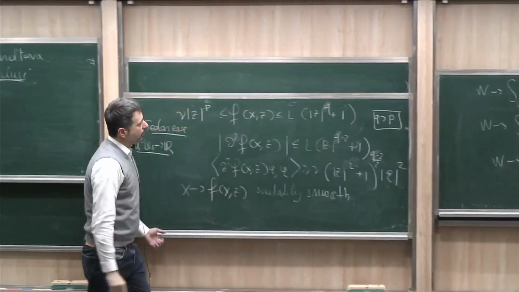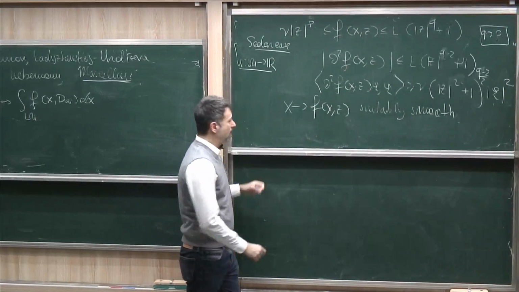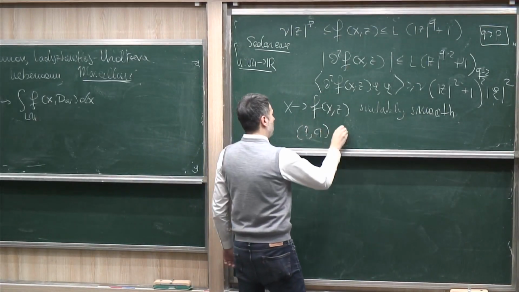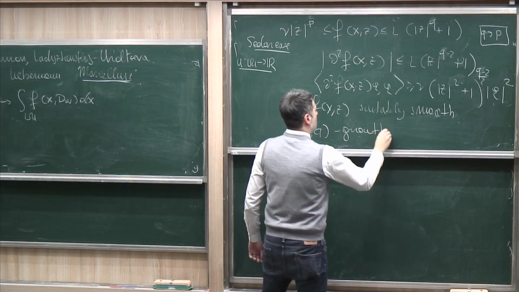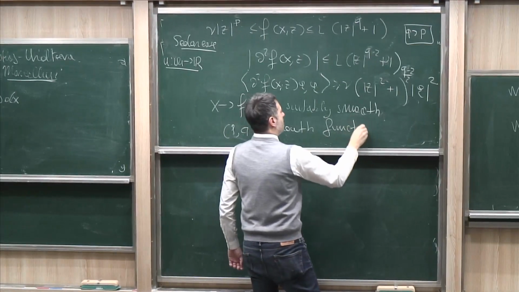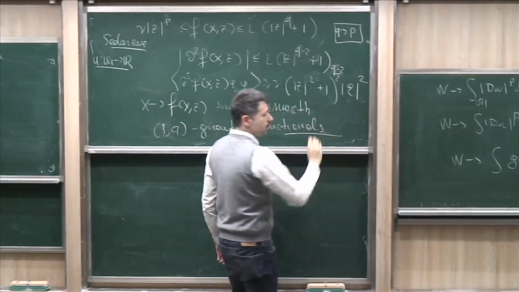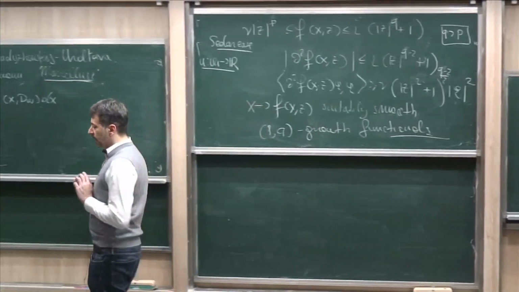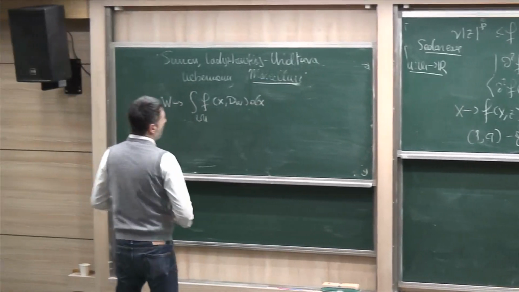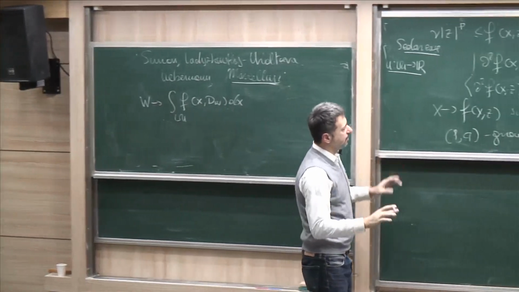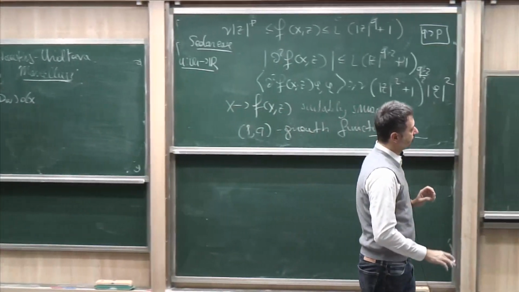So these are called p,q growth functionals, and the theory has been studied at length in a series of papers by Marcellini and many other authors, also by Lieberman and others.